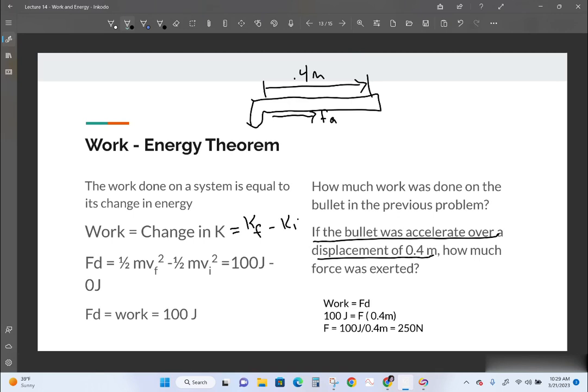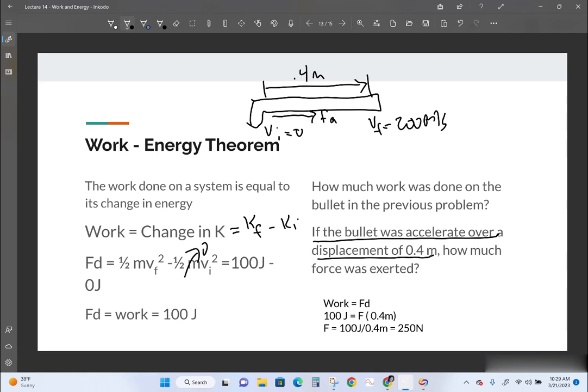And it's going to start with no initial speed, and it's going to leave at 200 meters per second. And it was a 5 gram bullet in the previous problem, so we'll just imagine it's the same thing. We already know that it starts with no initial kinetic energy because it wasn't moving.